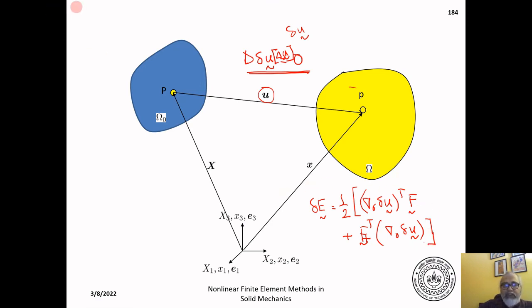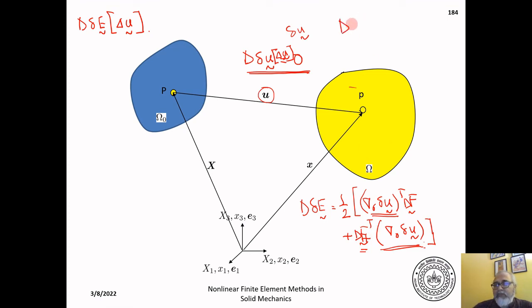And now when we do d of delta E in the direction of triangle U, we have to realize that this quantity doesn't get affected by this operation, and it is as if it's a constant here, and the only thing that is affected is this. Similarly here, this gets affected, but this doesn't get affected. So how does this get affected? When I do d of this side, I have to do d of this and d of this.